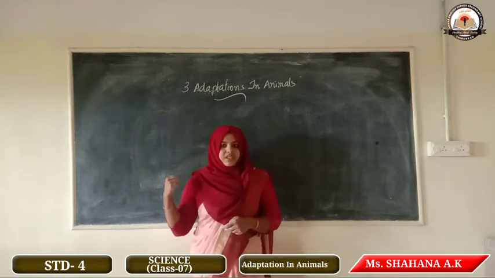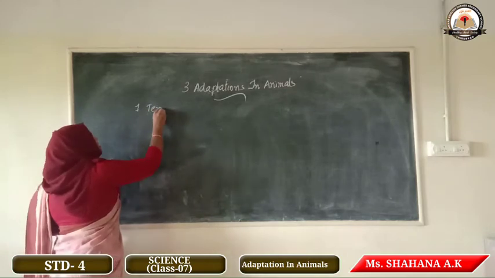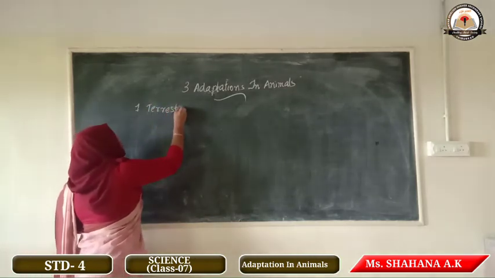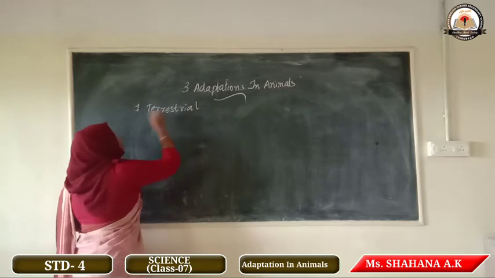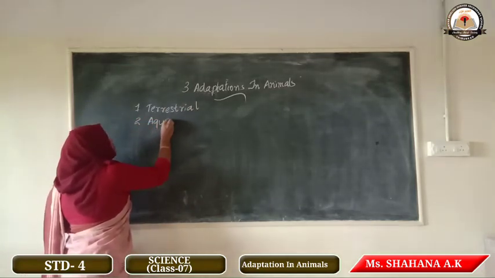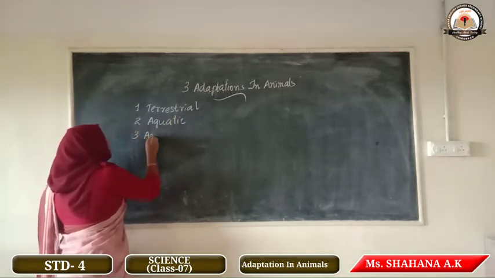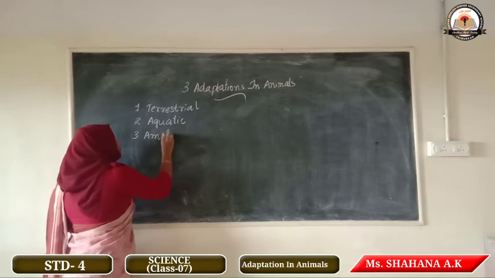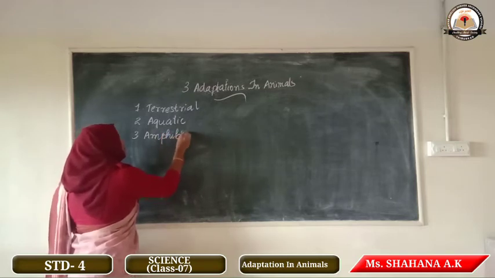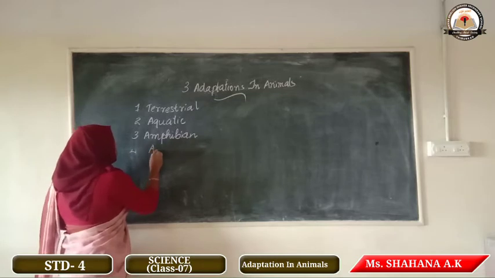Let me write the names here. First one, terrestrial animals. Second one, aquatic. Third, amphibian. And next one, aerial.